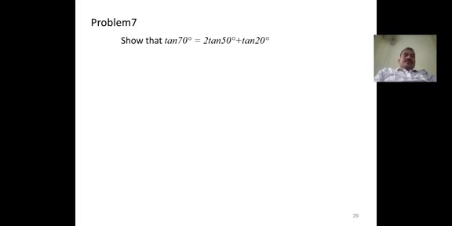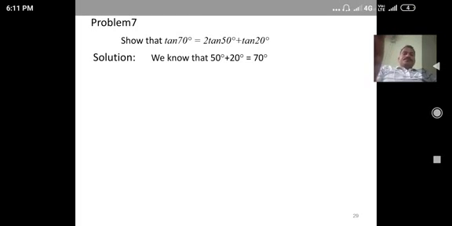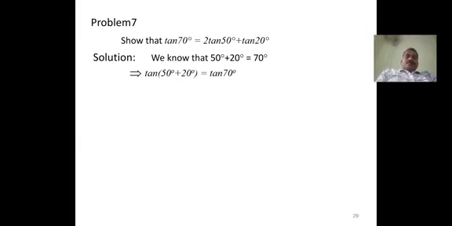Now this problem we can write it as tan 50 plus tan 70 equal to 2 tan 50 plus tan 20. 70 you can write as 50 plus 20, tan 20 plus tan 50, tan of 50 plus 20 equals tan 70.